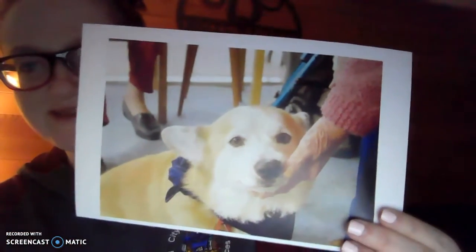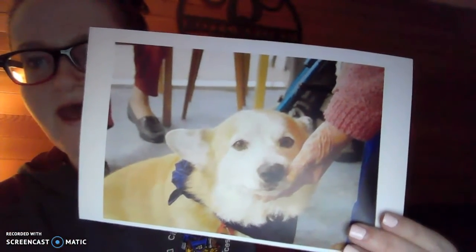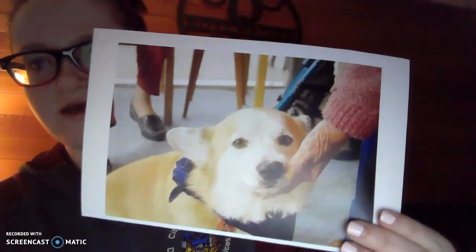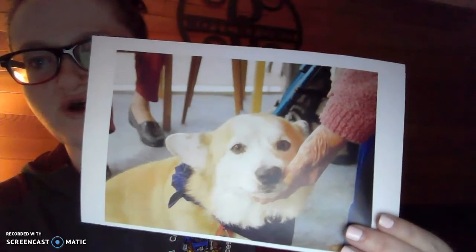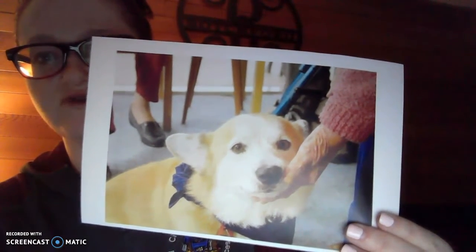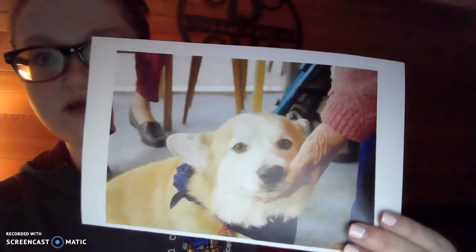Doing this exercise may give you some insight into how the child's feeling or what they're thinking at the moment. If you take this picture of this dog and the child chooses this, what do you think that dog is thinking? This dog could feel comforted. This dog could feel lonely.